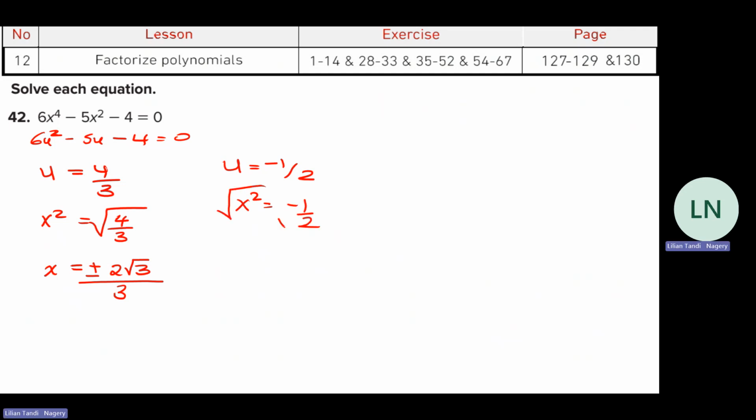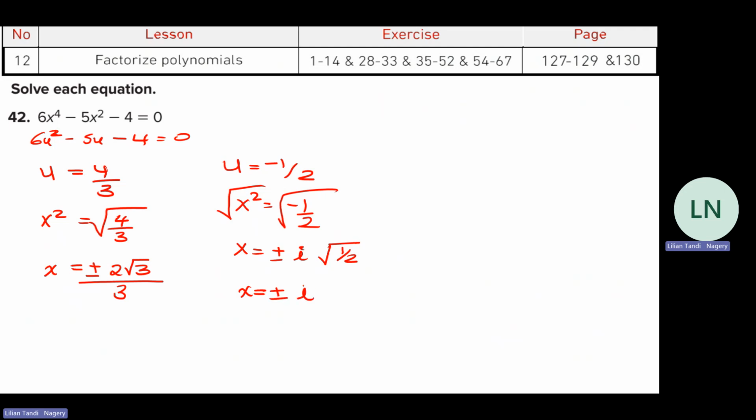Find the square root. So this will be x equals plus or minus i, and then square root of 1 over 2. Now, you also need to fix this. You can put this in the calculator, or you should know how to rationalize without using the calculator.